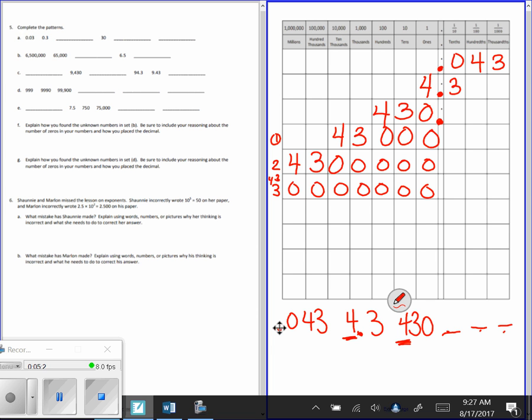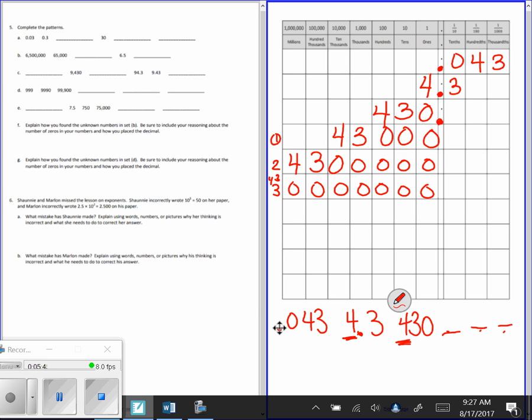But sometimes the numbers are a little bit more complex than that. It's really easy when you can put it on a place value chart. So it makes it way easier. Do you see where I'm going with that?